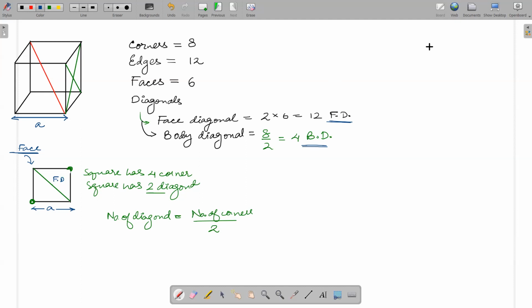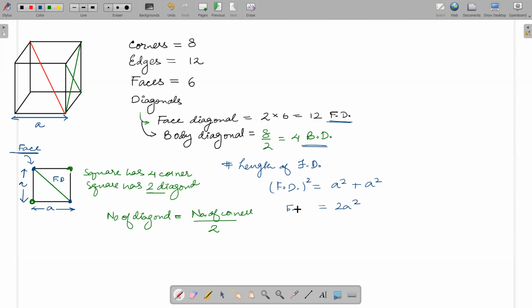Yes, correct, Ahmed. Everyone else, how can you find the length of the face diagonal? Pythagoras theorem, na? This is also A. Last class only we did this. So face diagonal square is equal to A square plus A square, that is equal to 2A square.